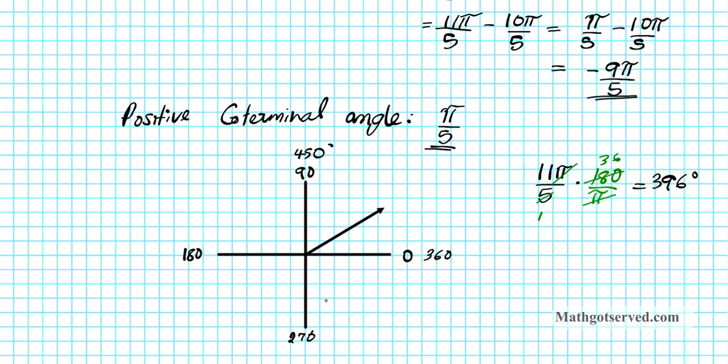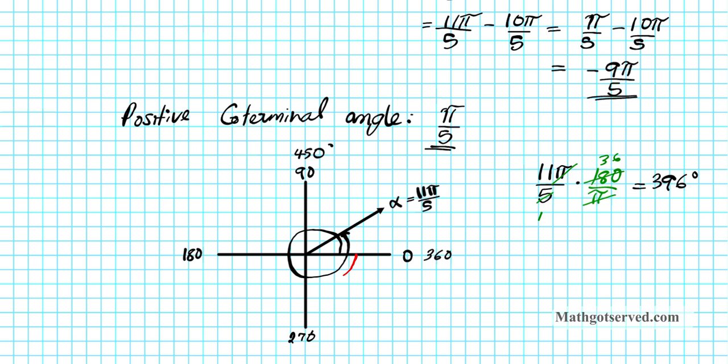So what is the initial angular rotation? What does that look like? Initially, starting from 0, we went a full circle all the way there, and that is alpha, which is 11 pi over 5. Now the negative coterminal angle involved one rotation in the clockwise direction.